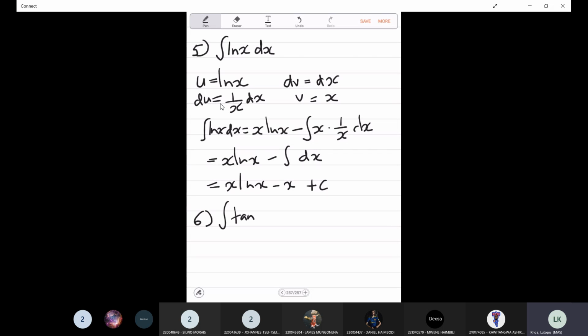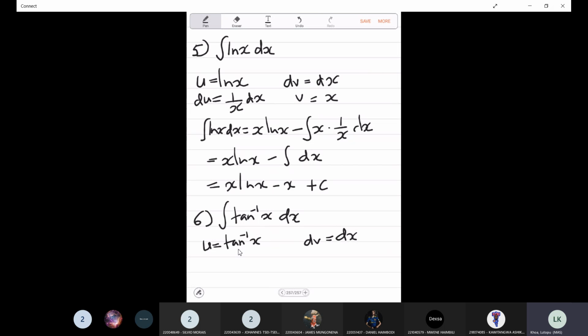Integral of tan inverse of x dx. Okay, so again here we have to pick u is equal to tan inverse of x, and dv is just dx, because if we swap them, then trying to integrate tan inverse of x is exactly what is given there, and we need to use by parts to solve it anyway.